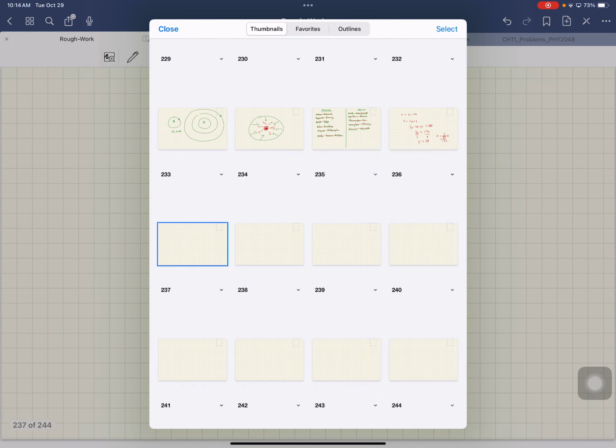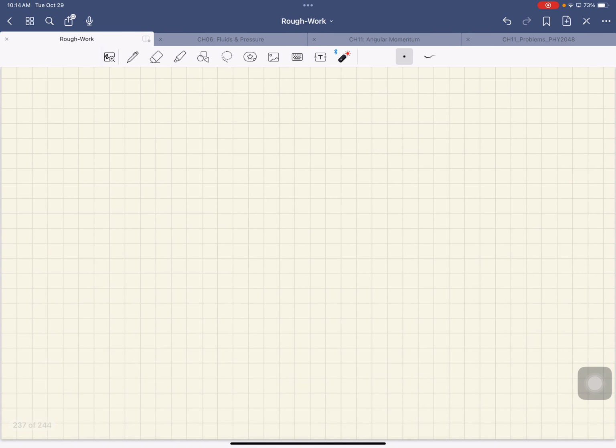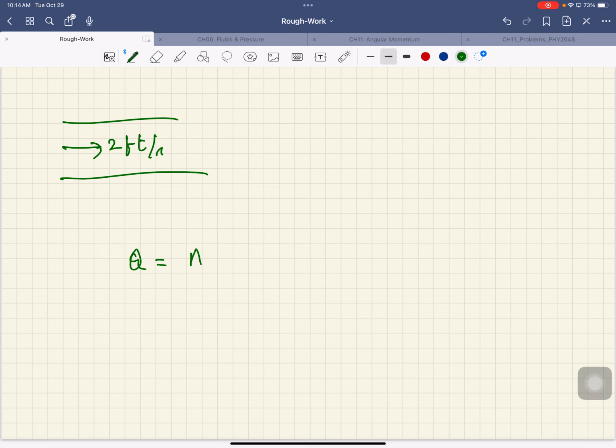All right, so out of the heart, the blood is flowing at about, let's say, 2 feet a second. And you don't want the blood flying by the cells like that. How do you slow this blood near the cells? You just saw the flow rate. The flow rate is area of cross-section times the velocity. So if you want to decrease the velocity, you have to increase the area.